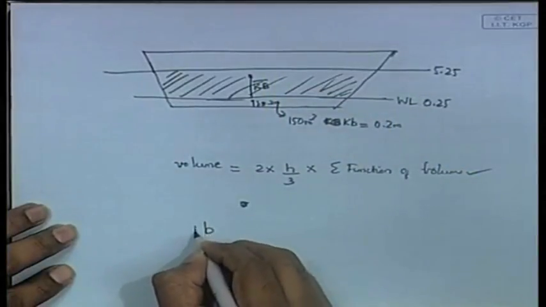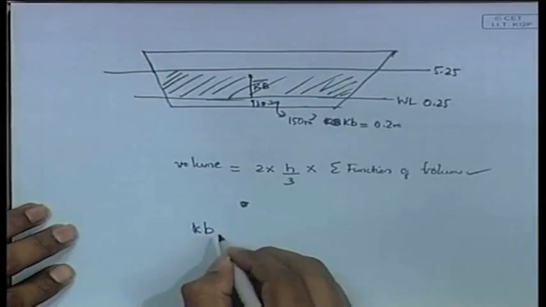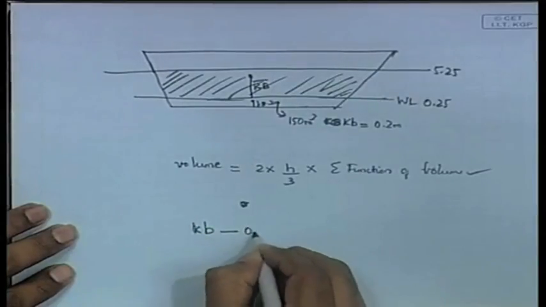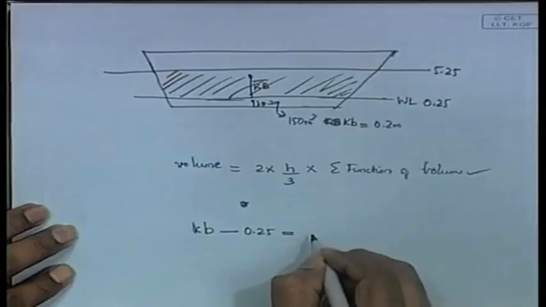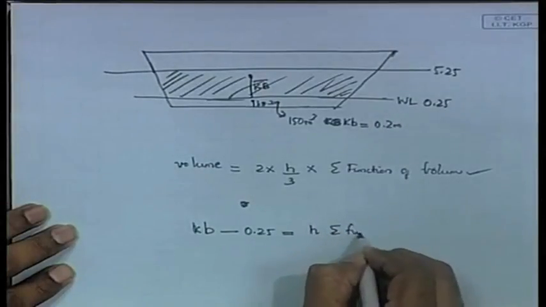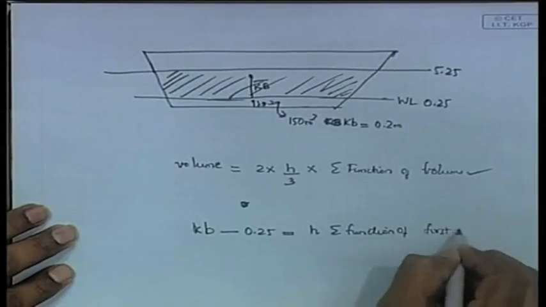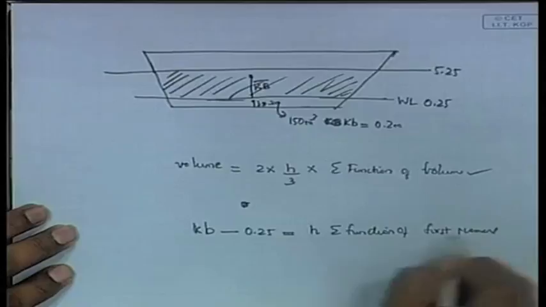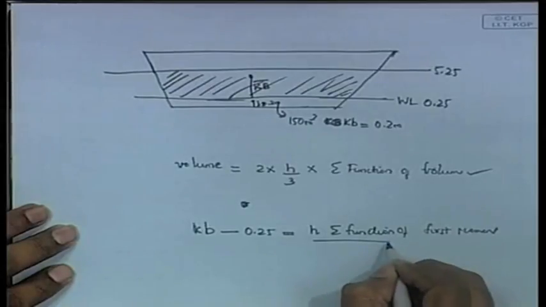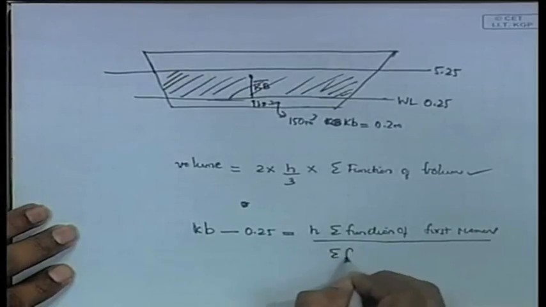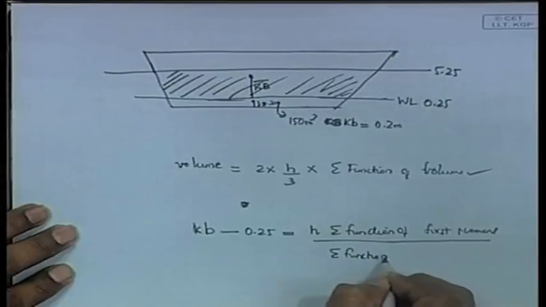Let us say that this is the Kb that you are getting for this whole thing, Kb minus 0.25 will be equal to h into sigma function of first moment divided by sigma function of volume.